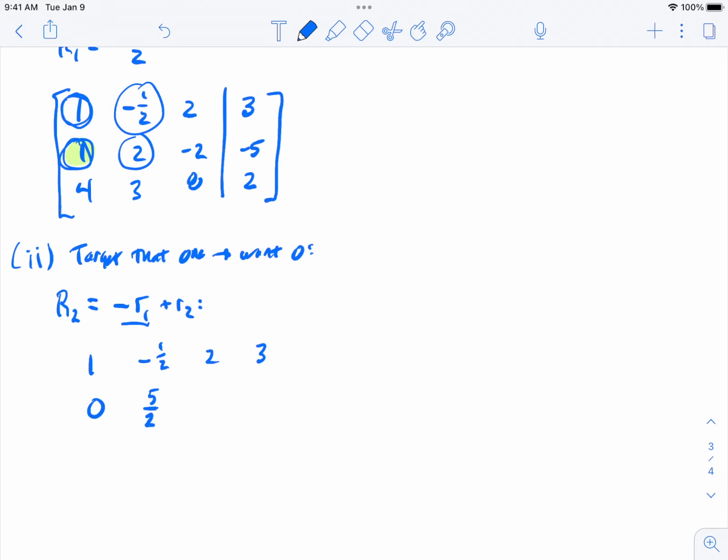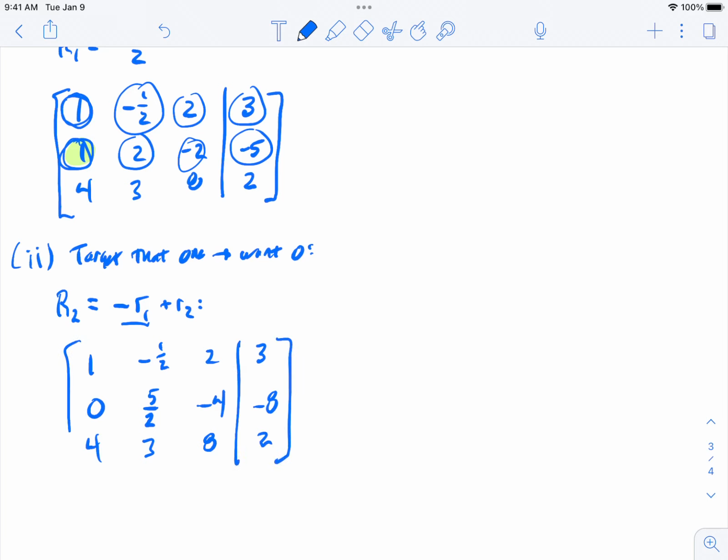Improper fractions are better. Okay, a negative 1 times this is a negative 2. Add this. You got a negative 4. A negative 1 times this is a negative 3. Add this, you have a negative 8. And then the third row is the same for now. Put my line here, put my brackets here. Okay, we've made some progress here.